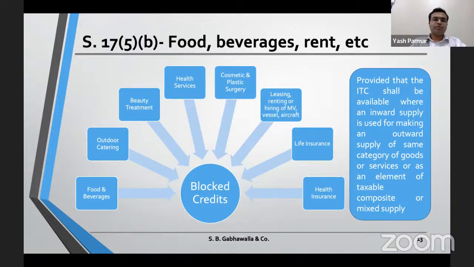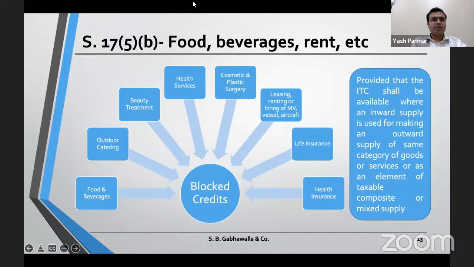Now, though in most of the cases when it is used by the company, it is in the course or furtherance of business, but somewhere the government has this mindset that it is very difficult to establish whether renting of this motor vehicle is used for business purposes or personal use, and with this mindset they have blanketly blocked ITC of leasing, renting, or hiring of motor vehicles, vessels, and aircraft. The next one is life insurance and health insurance. Life and health insurance is again a block credit.